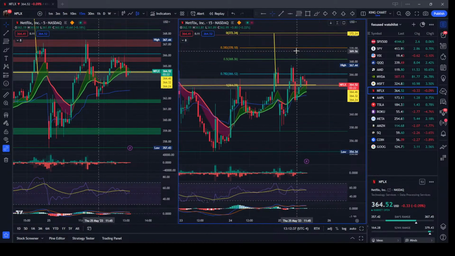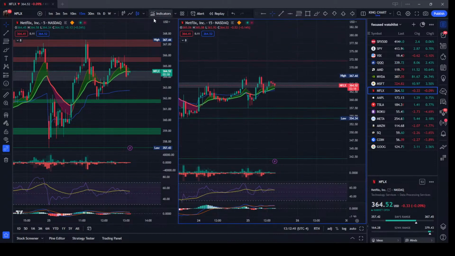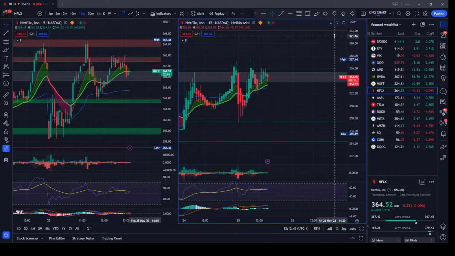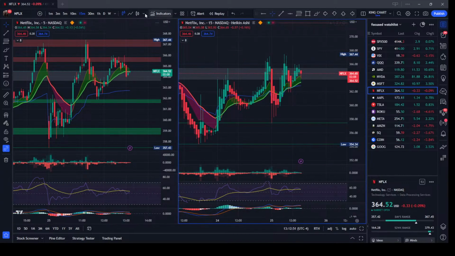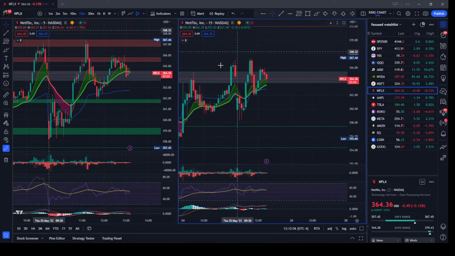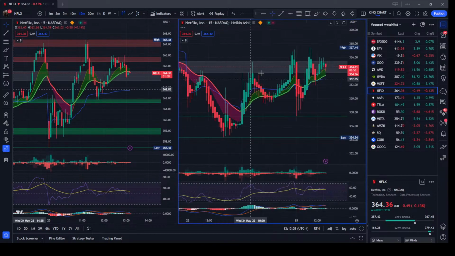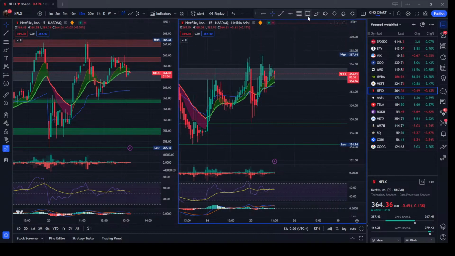Okay, what else do we have here? What is this? All right, so Netflix on the regular candles, can't really see much, right? Another reason I like Heikin-Ashi is because it gets rid of these gaps and it kind of clears it up for me. It's like, okay, now I kind of understand what's going on.